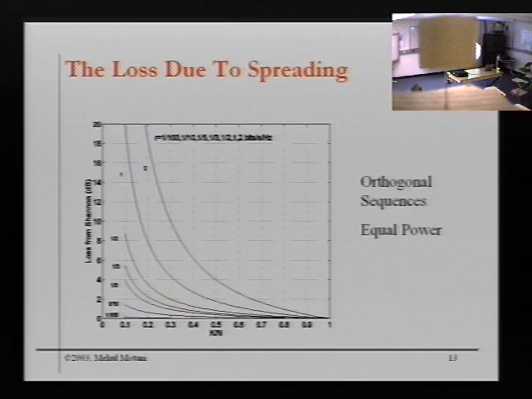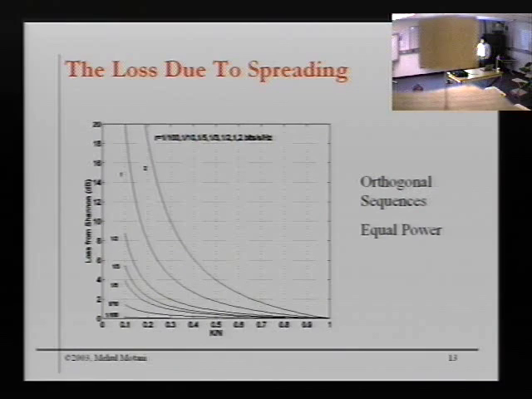The different curves correspond to different spectral efficiencies, from 2 bits per second per hertz up to 100 bits per second per hertz. Essentially, as I move to the right on this curve, I'm doing more coding and less spreading. And as I move to the left, I'm doing more spreading and less coding. This is for a fixed bandwidth expansion factor.